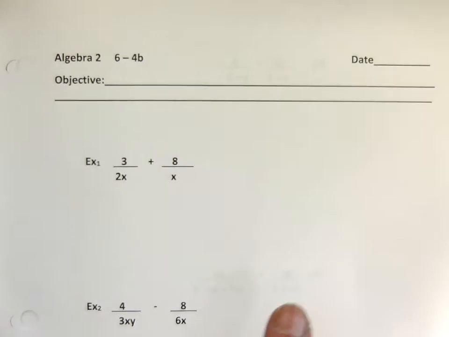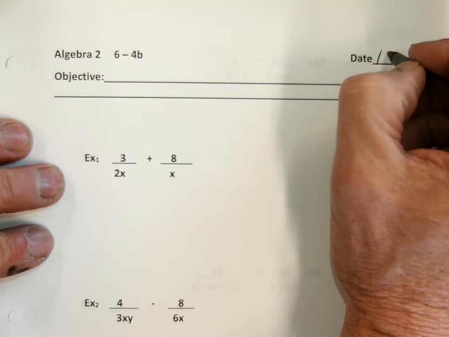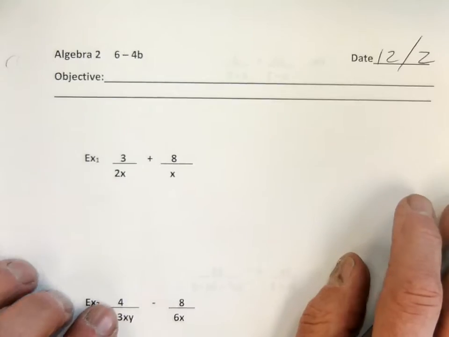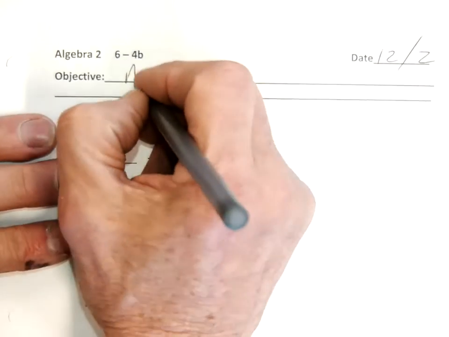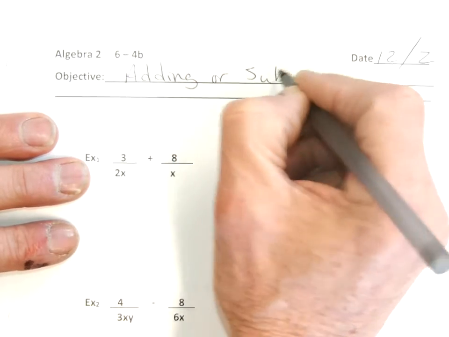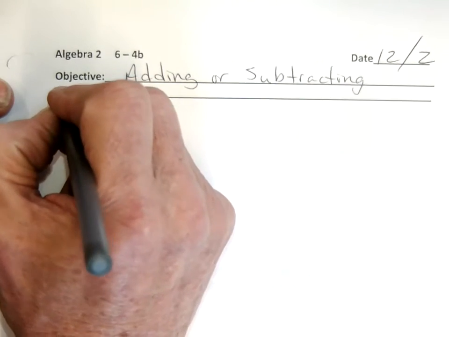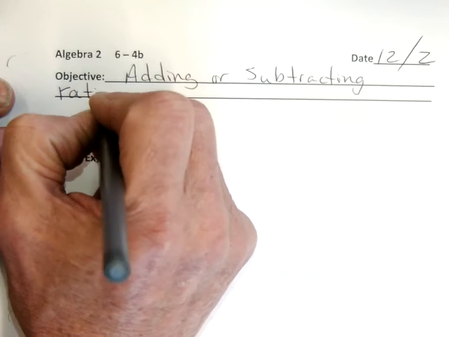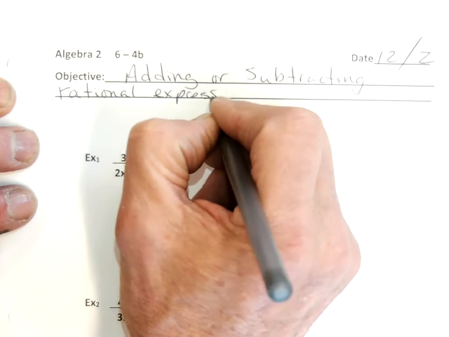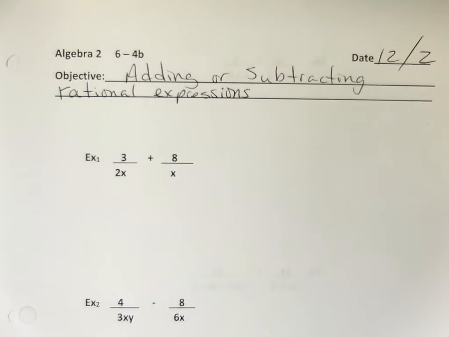So, let's take a look at this. Today, our date is Diciembre 3. Gracias. Our objective is really going to be adding or subtracting rational expressions, but today we're going to need a common denominator.